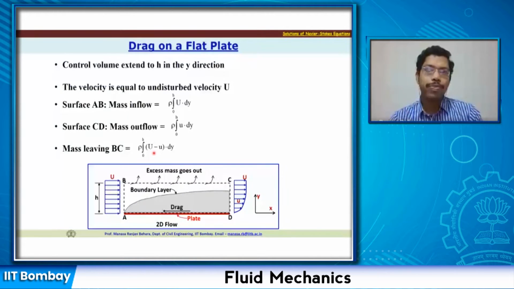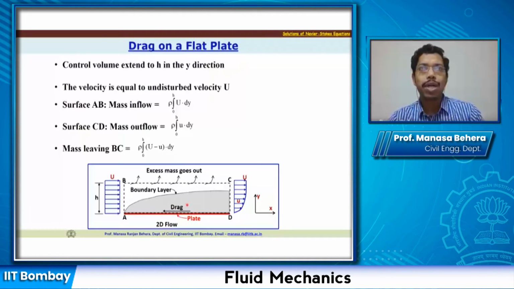If you remember, in the previous lectures, we did not account for this boundary layer. What we said is, if we take a control volume and understand what is the flux coming in and going out, then we can find out what is the force. But we know that the force is exerted due to the drag on the plate, and that is nothing but the shear on the plate.